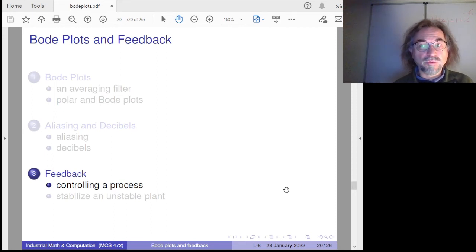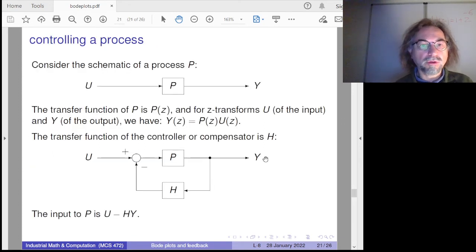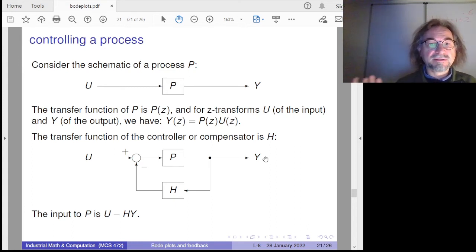Here it fits quite well when we want to look at the control of a process. You can already think also about signals. Sometimes you want to amplify a signal, sometimes you want to dampen it. We have a process schematically presented here, and we use the letter P for process, but also the letter P for its transfer function.